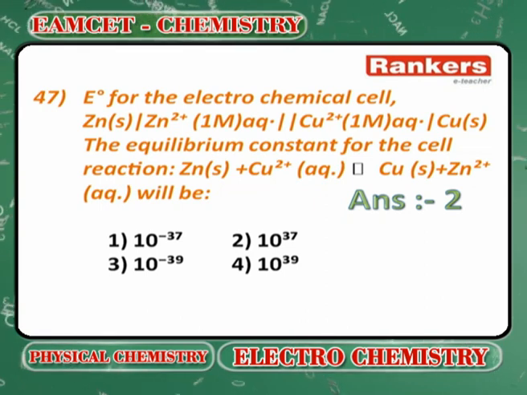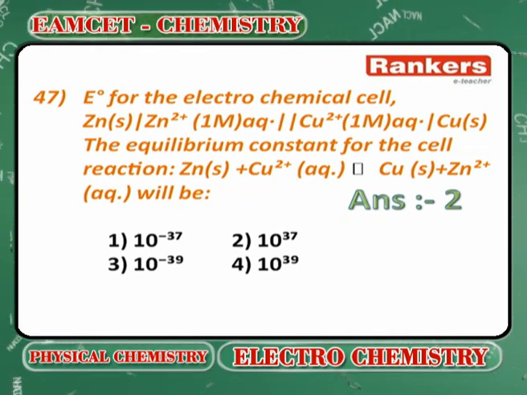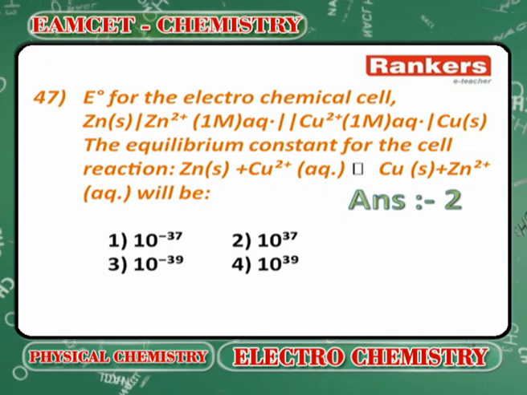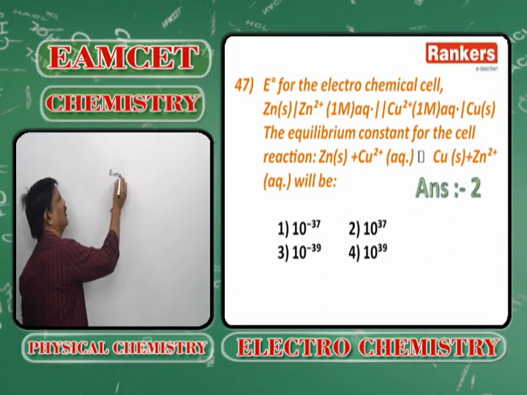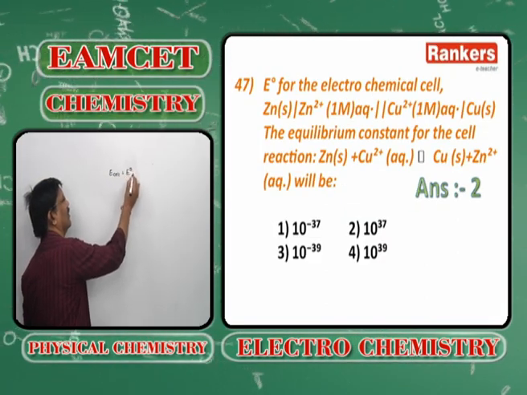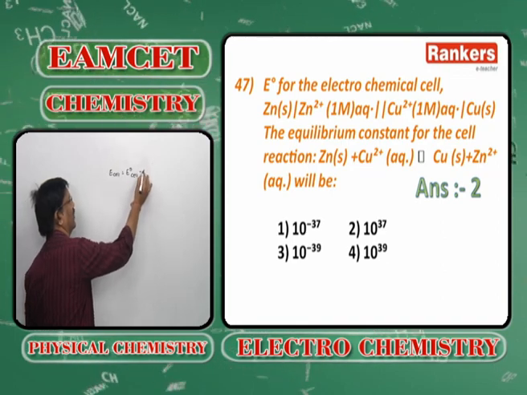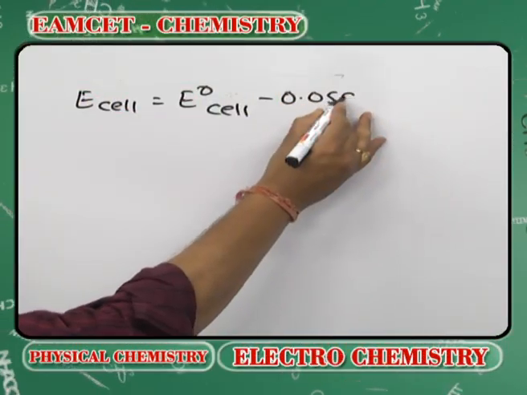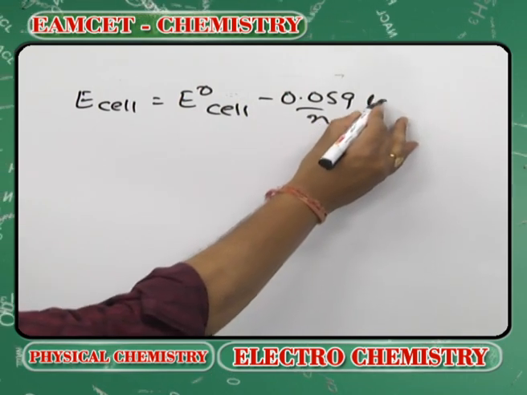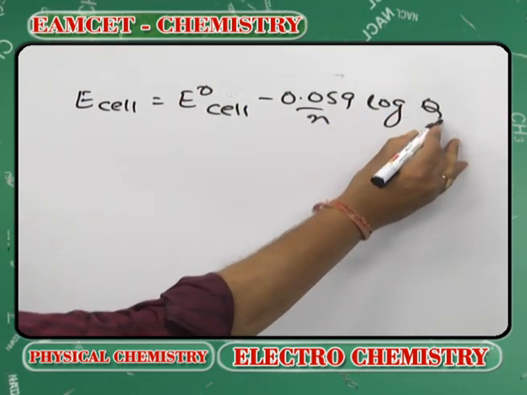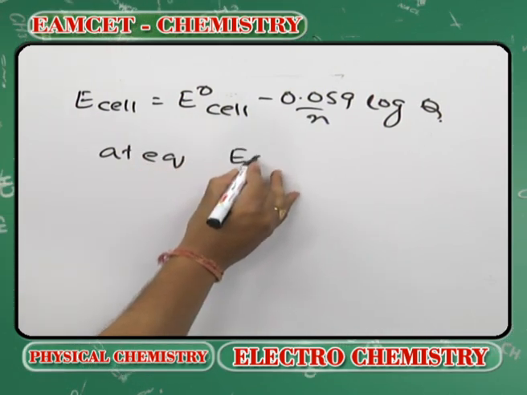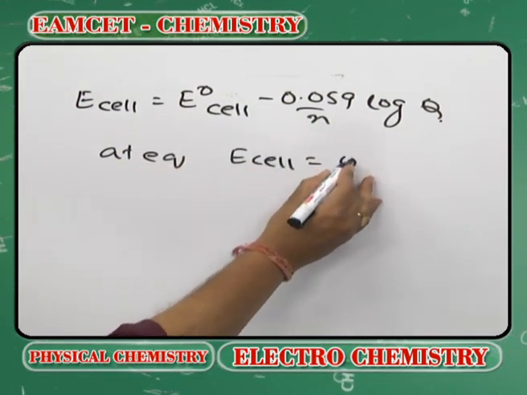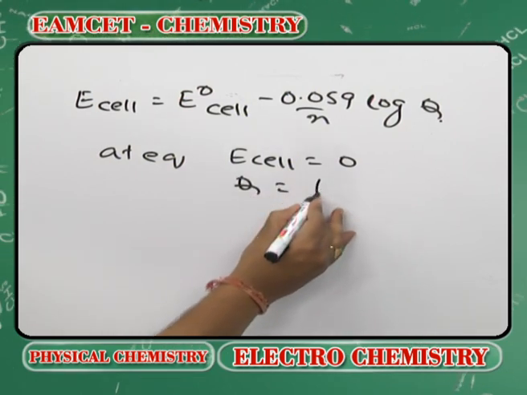See here what is to be done. We are asked to calculate the equilibrium constant. What is the expression? E cell is equal to E naught of the cell minus 0.059 by n log Q. At equilibrium, E cell will be equal to 0 and Q will be equal to Kc.